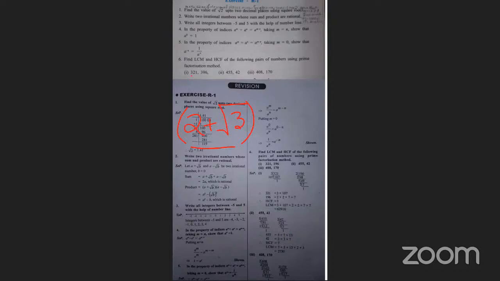So I have considered one irrational number. They said we have to consider two irrational numbers. Let me do one thing. Instead of 2 plus root 3, let me take 4 plus root 3. You will understand better. Let me take another irrational number, 4 minus root 3. I also said if you have one rational number and another irrational number in subtraction form, then their difference is also irrational.